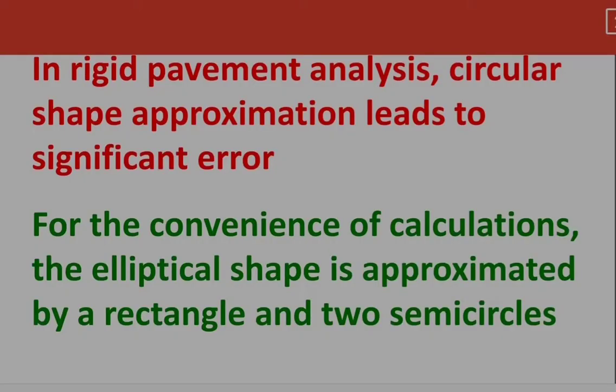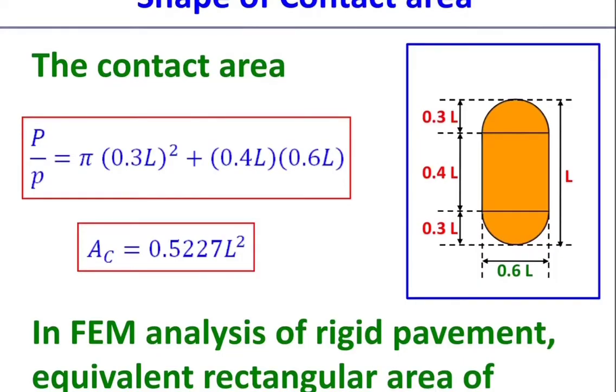From this diagram the shape of the contact area is very clear: the central portion we are taking as a square, plus semicircles. By using this we do the calculations, but in general it is taken as circular.